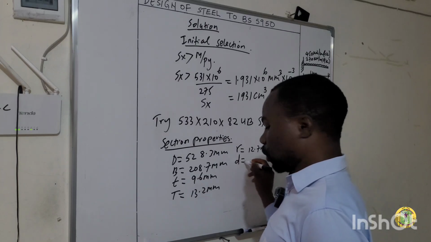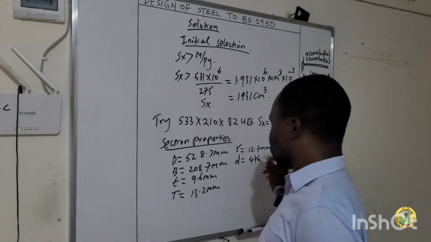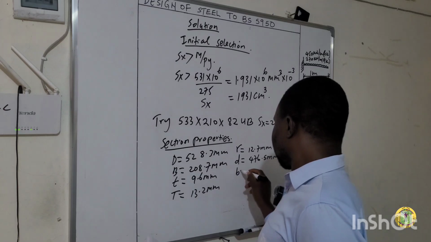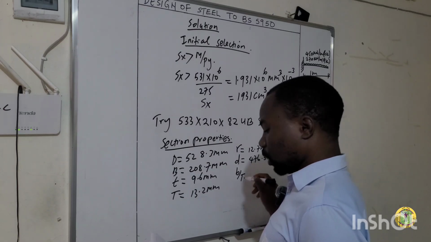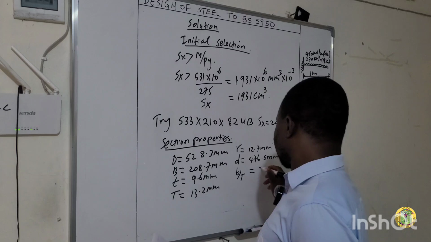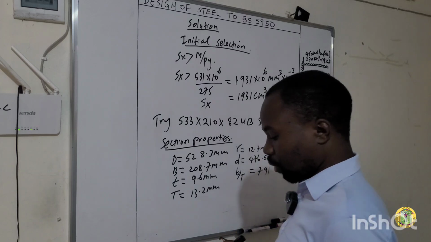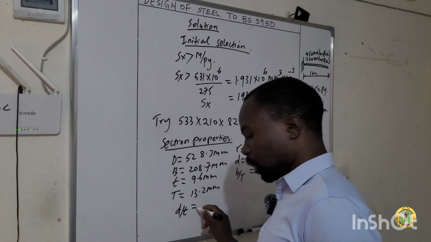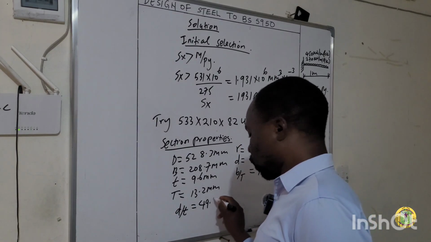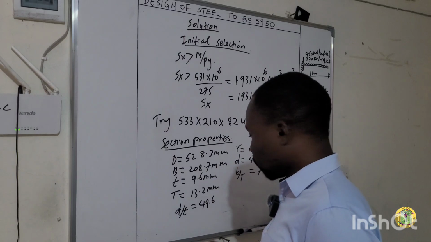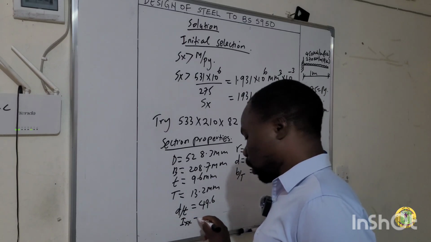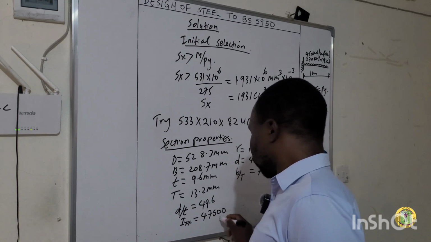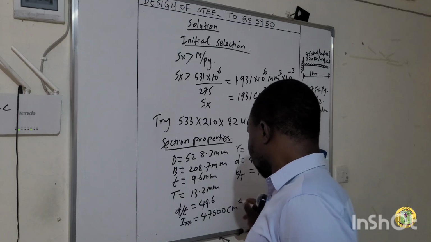And then small d is equal to 476.5 millimeter. B over T, so this is for flange, is equal to 7.91. And then for the web, which is d over t, small t, is equal to 49.6, like that. IXX is equal to 47,500 centimeter to power of 4.